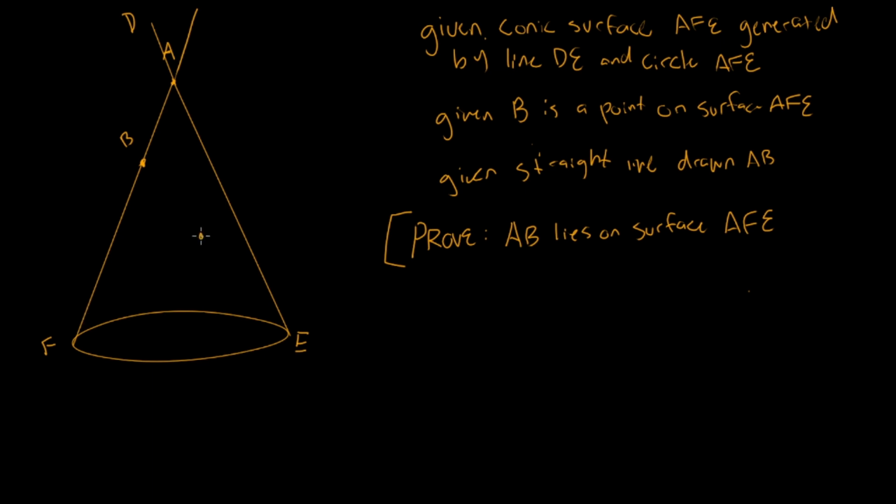Then I'll pick one which is on the conic surface over here. Just imagine it falls on this line AB some point here. Then I'm going to draw a B which is on the top part of the conic surface, because imagine this line is an infinite line extending in both directions, right?